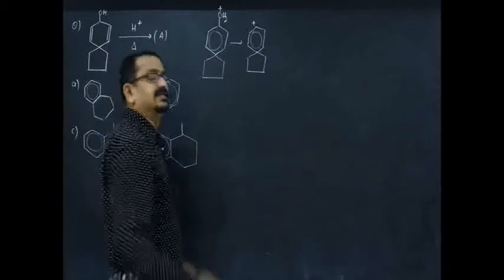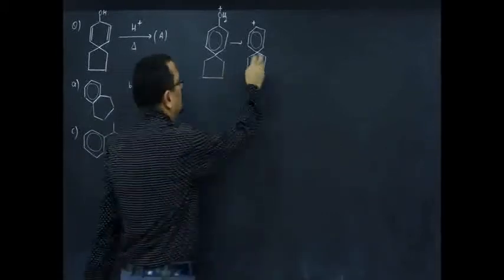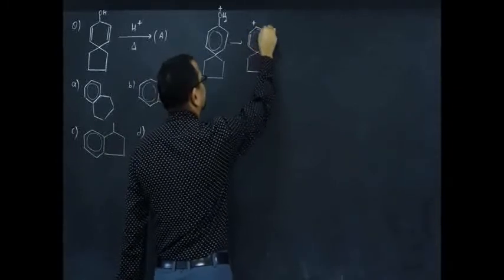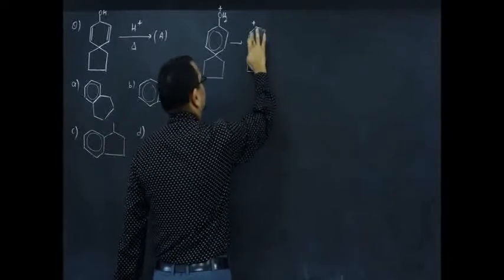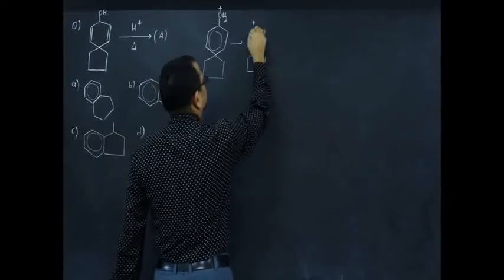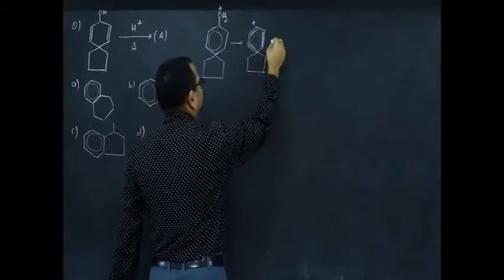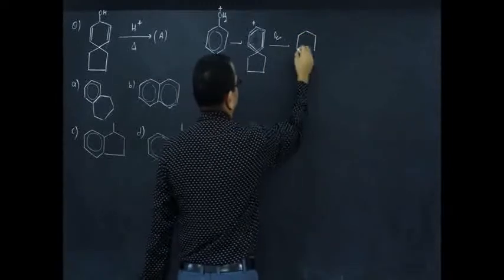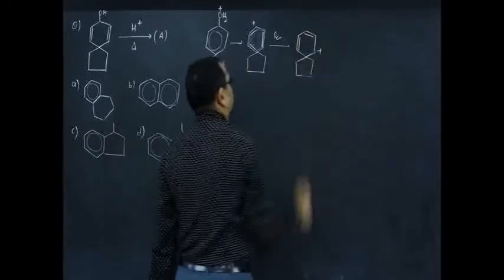Now, what happens? There is a scope of ring expansion in this. Because of resonance, we can study resonance here. So, this bond will be polarized. Now, as this is a positive charge, by means of resonance, the positive charge will be obtained here.